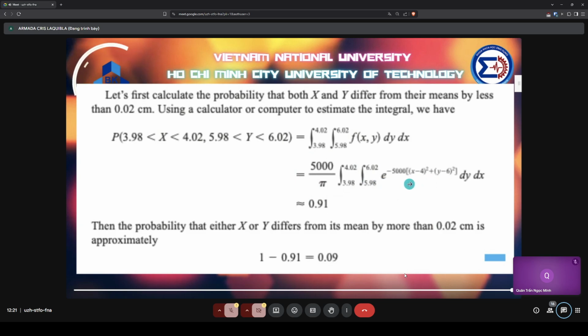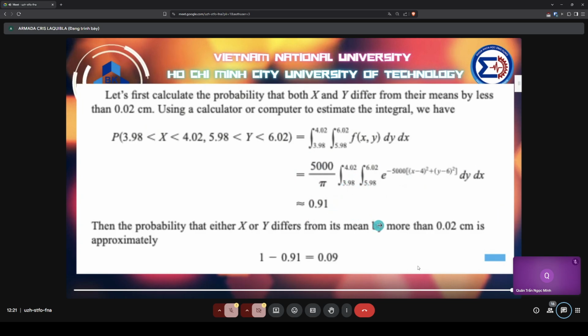So what you are going to do here, class, is you solve the integral, you separate the variables. Yes, because this one is just a product, right? e to the power negative 5,000 times (x minus 4) squared times e to the power negative 5,000 times (y minus 6) squared also. Now, you separate the terms with y, and then you separate the terms with x here.